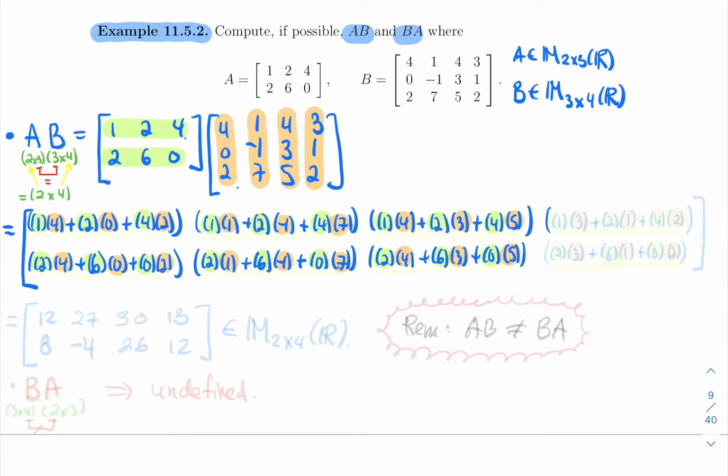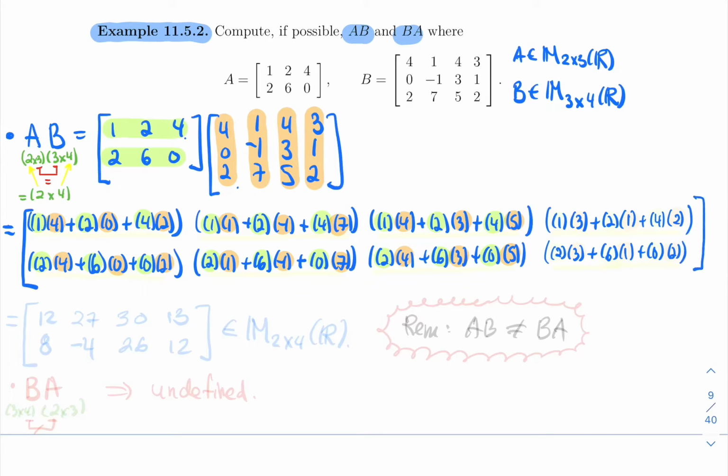For the last column, we're going to get 1 times 3 plus 2 times 1 plus 4 times 2. Then the last one, we have 2 times 3 plus 6 times 1 plus 0 times 2.